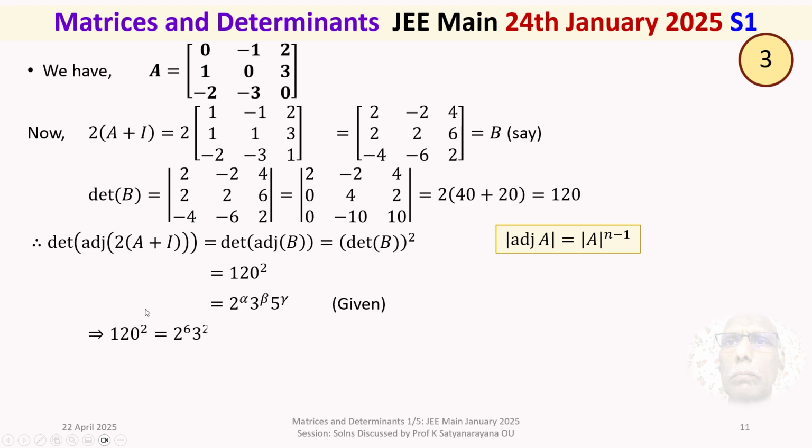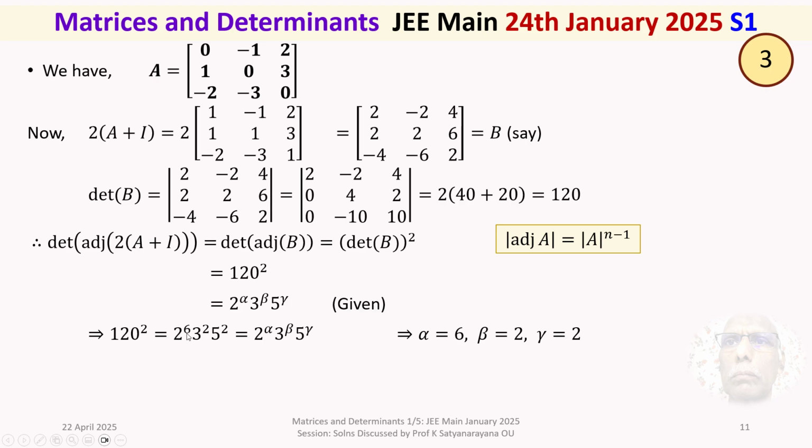Now let's see. 120 is 2 into 3 into 5, where 2 cubed is 8, 8 times 3 is 24, 24 times 5 is 120. So 120 squared is 2 cubed squared, 3 squared, 5 squared. That is 2 to the power of 6, 3 squared, 5 squared, which is equal to 2 to the power of alpha, 3 power beta, 5 power gamma.